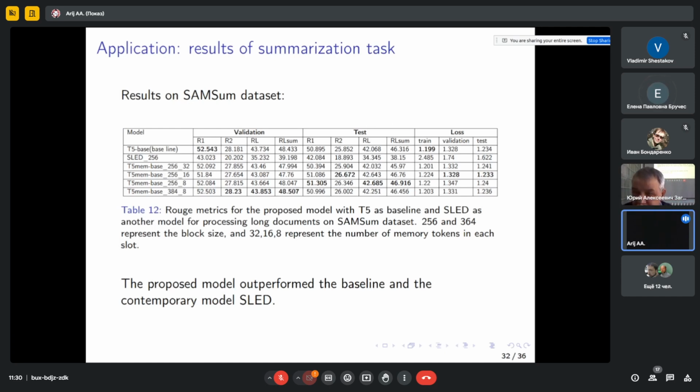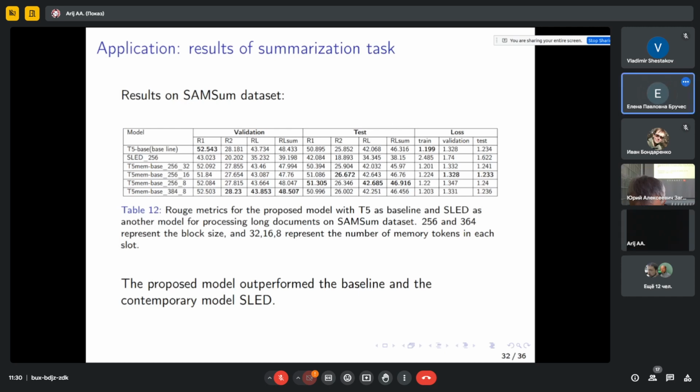Mm-hmm. So this is kind of a trade-off here. I see. And don't you have any table with comparisons? Yes, you can refer to the final publication. There is an analysis and an appendix to the paper. You can refer to it.